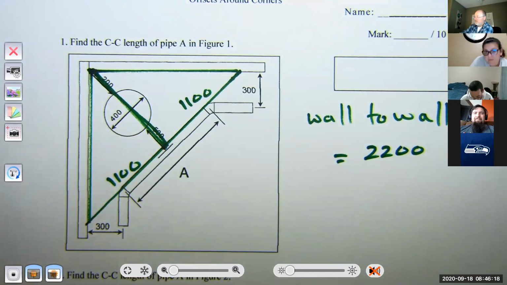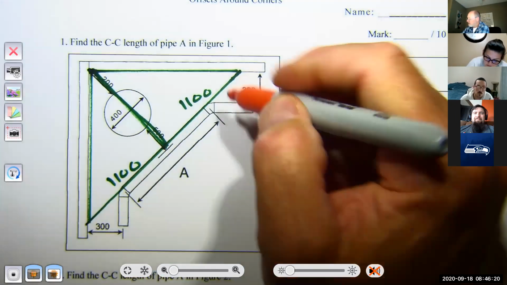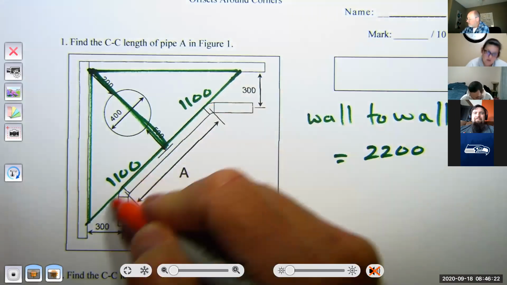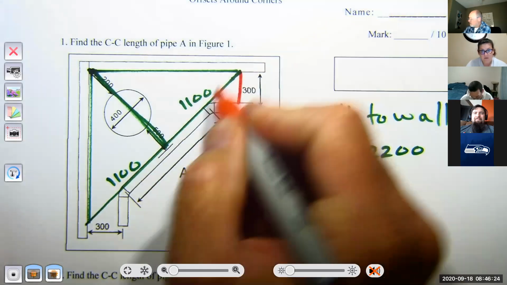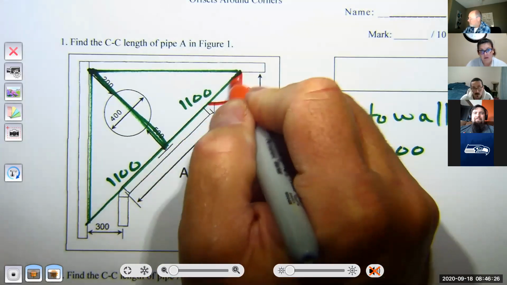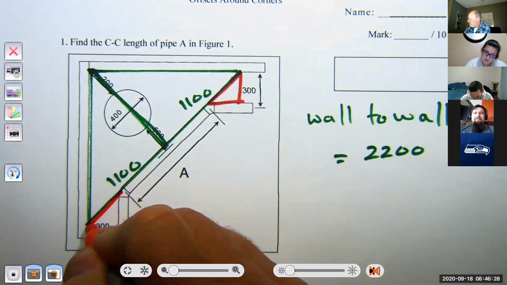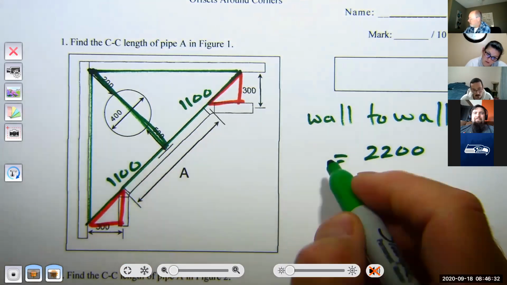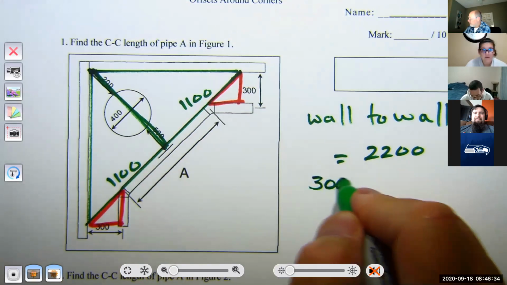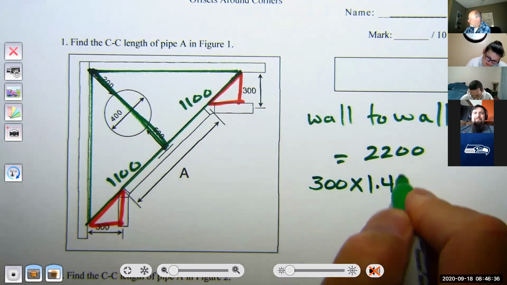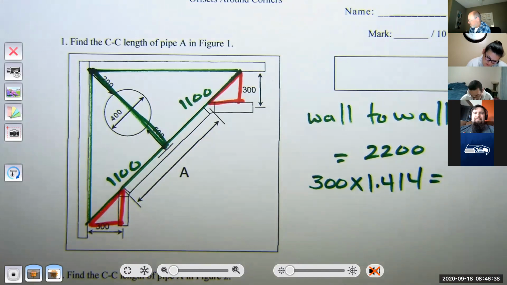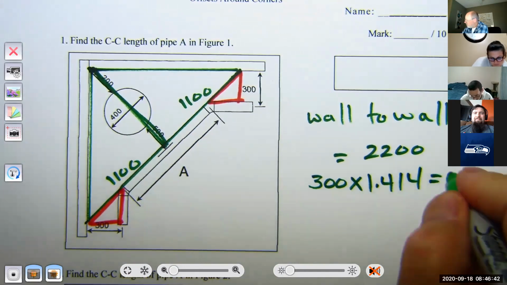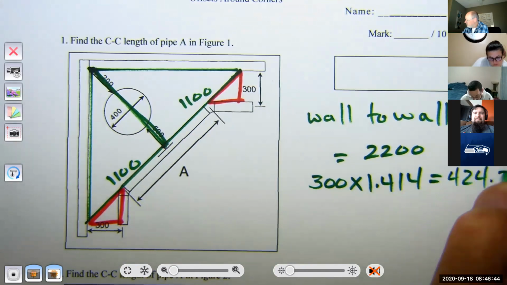Now, we have these two other measurements we have to take off our pipe. So I will draw a right angle triangle right there and one right here. And we will simply go 300 times 1.414, magic number. 424.2.